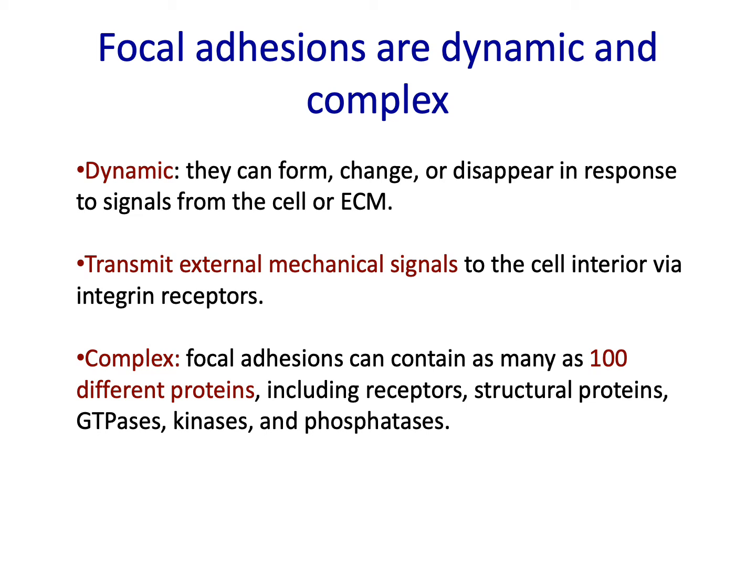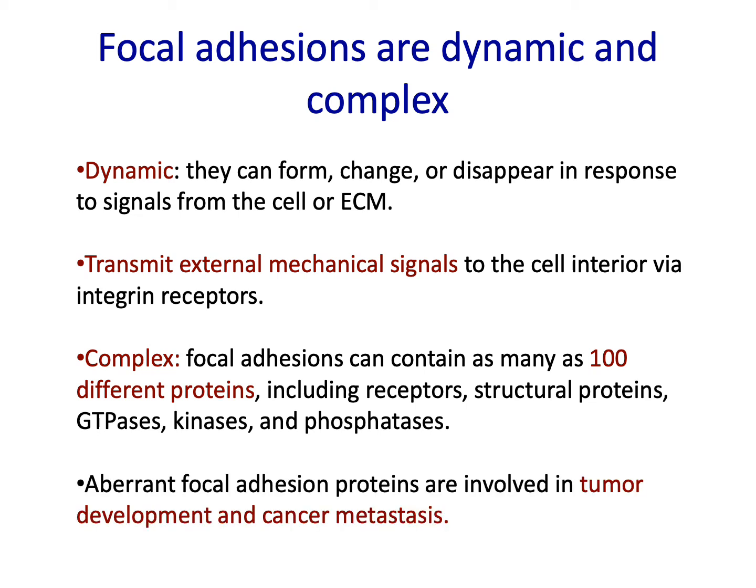So focal adhesions can sense changes in the environment and cause the cell to respond in many different ways. Proteins, GTPases, kinases, phosphatases, many different processes can be initiated in response to changes in focal adhesions.